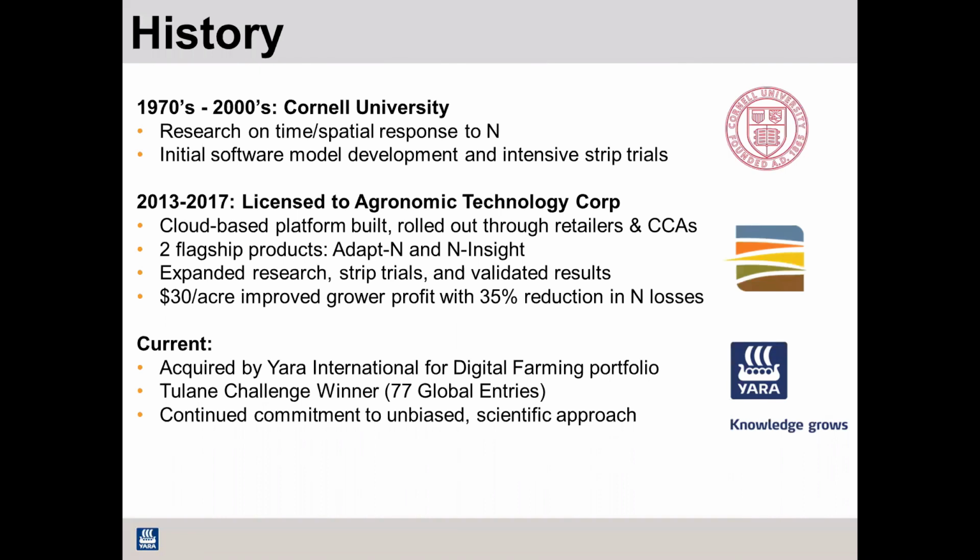This allowed the expansion of research, a lot more on-farm type strip trials to help validate the results that Cornell had originally been seeing throughout the number of years.